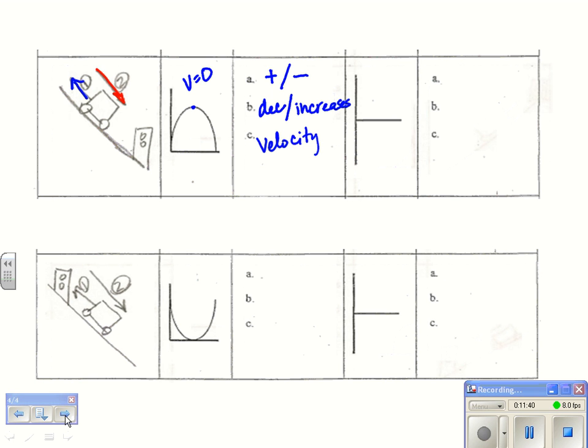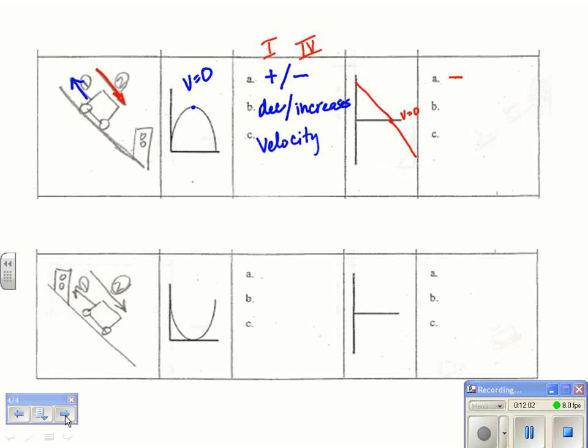So if we want to start off in a positive direction, we're going to start off in quadrant 1, and then we have to move to quadrant 4. So we're going to decrease while we're in quadrant 1. Right here, my velocity equals 0. It switches directions, and it continues there.